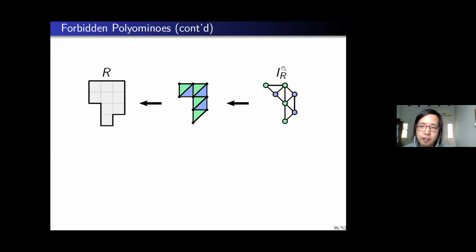So if we find a maximum independent set of this intersection graph, then we can find a 180 tromino tiling of the region.